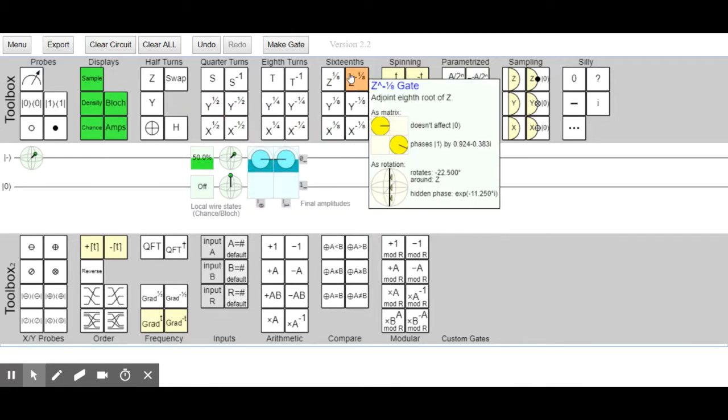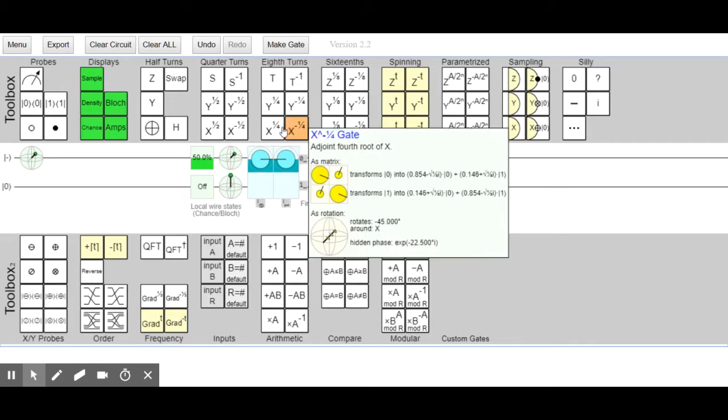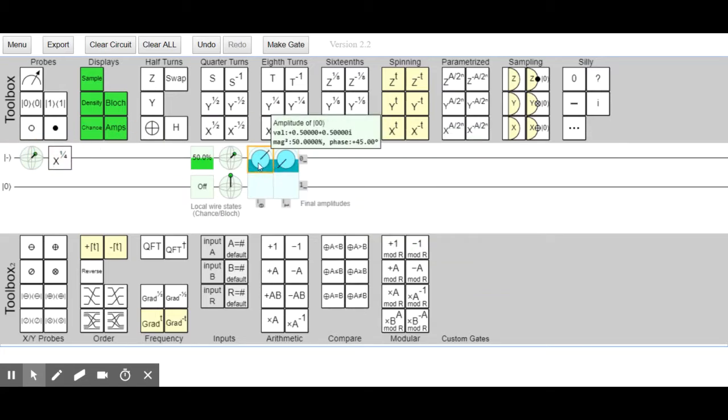So if instead I put an X, like a quarter rotation, the relative phase of your whole system is 180, but because you're in a superposition, this has a particular phase of 45 degrees and this a particular phase of minus 135 degrees, which can still have an impact in your calculations.